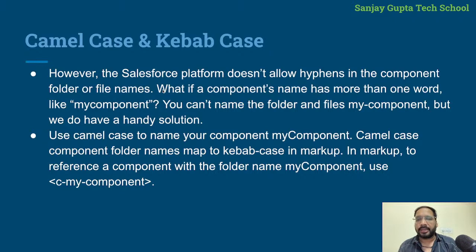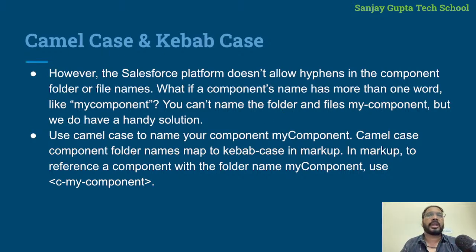So what if a component's name has more than one word, like my component? You cannot name the folder and file like my-component. This we cannot do. But if you want to use that component in any other component, then you need to use this hyphen, right?